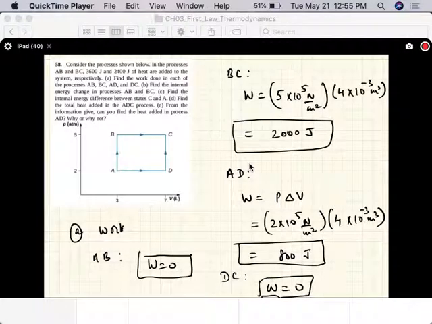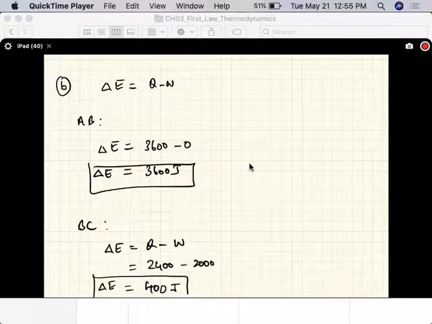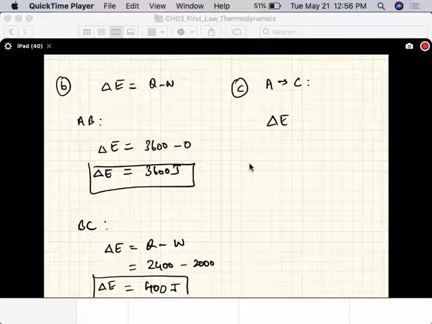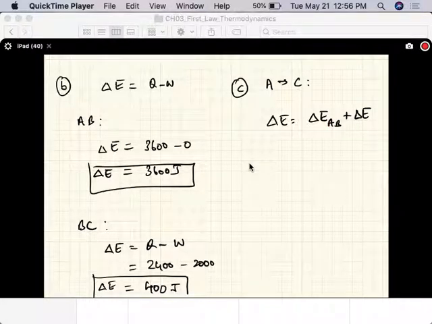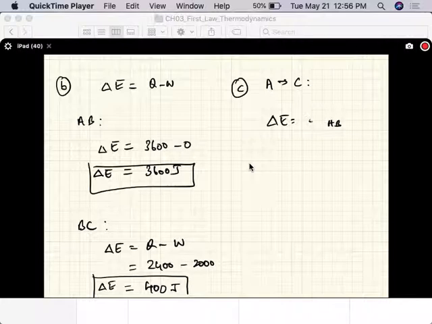All right, then what is it that they want? Part C. Find the internal energy difference between states C and A. Let me use a better notation.